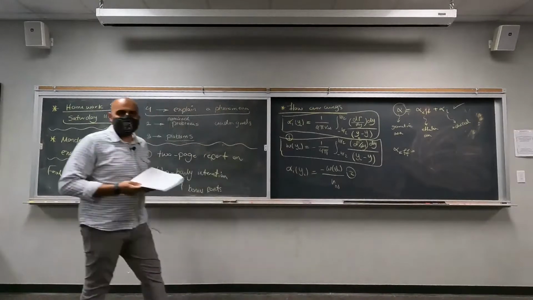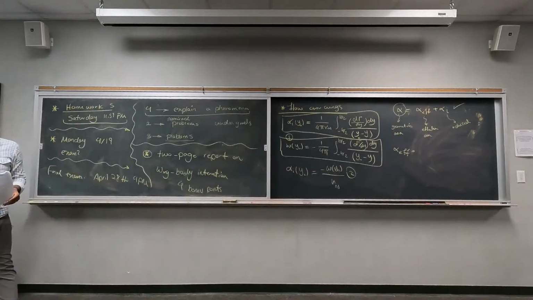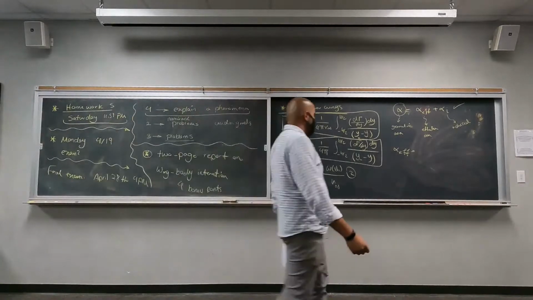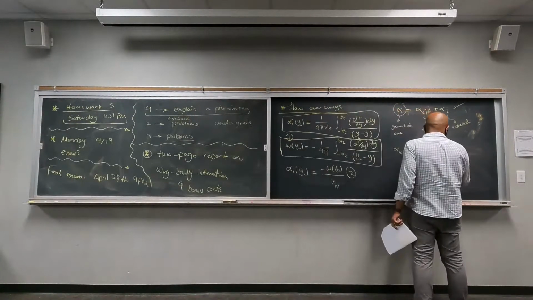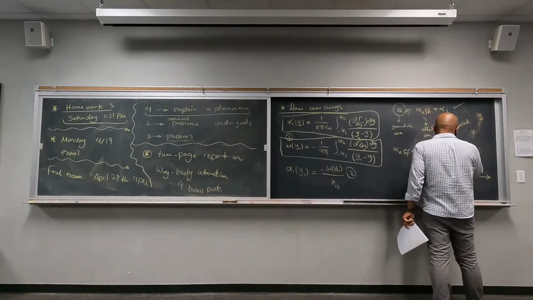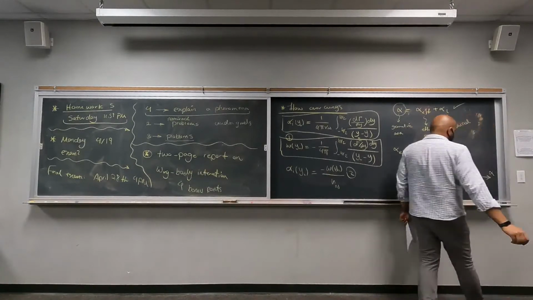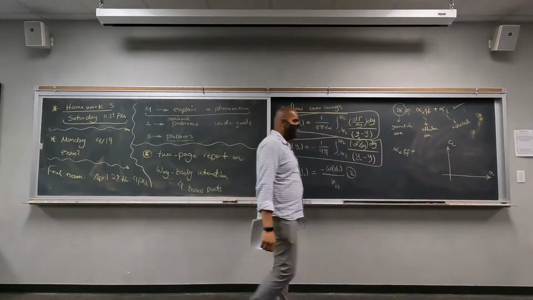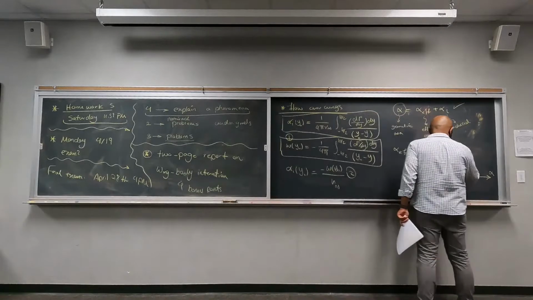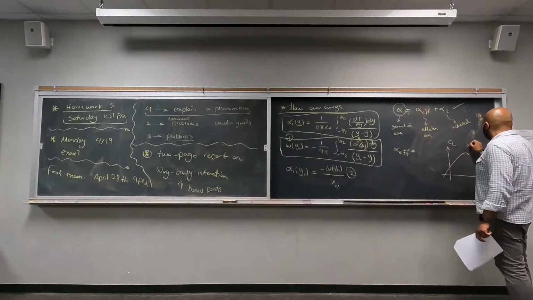If we go back to the analysis of chapter 4, we had this CL versus alpha plot for an airfoil.